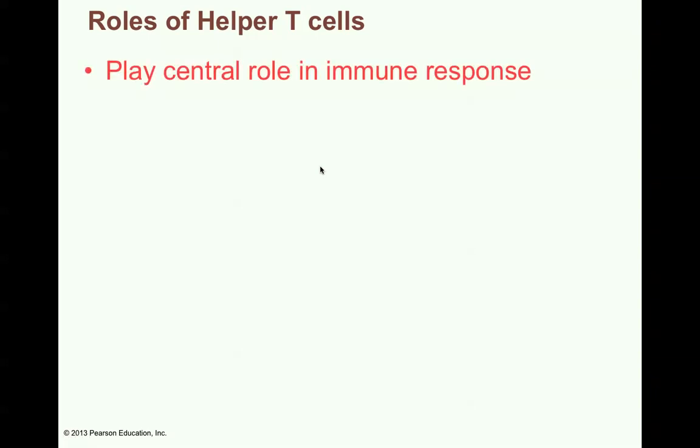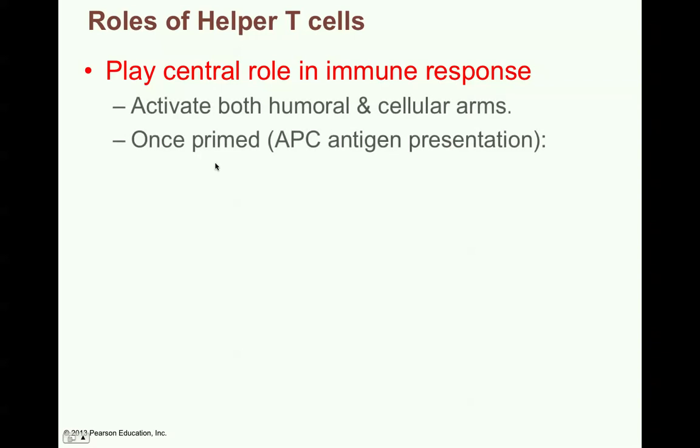And now this is going to go over the roles of helper T cells. Helper T cells play a central role in the immune response. These activate both the humoral, the antibody-mediated, and the cellular or cell-mediated arms.